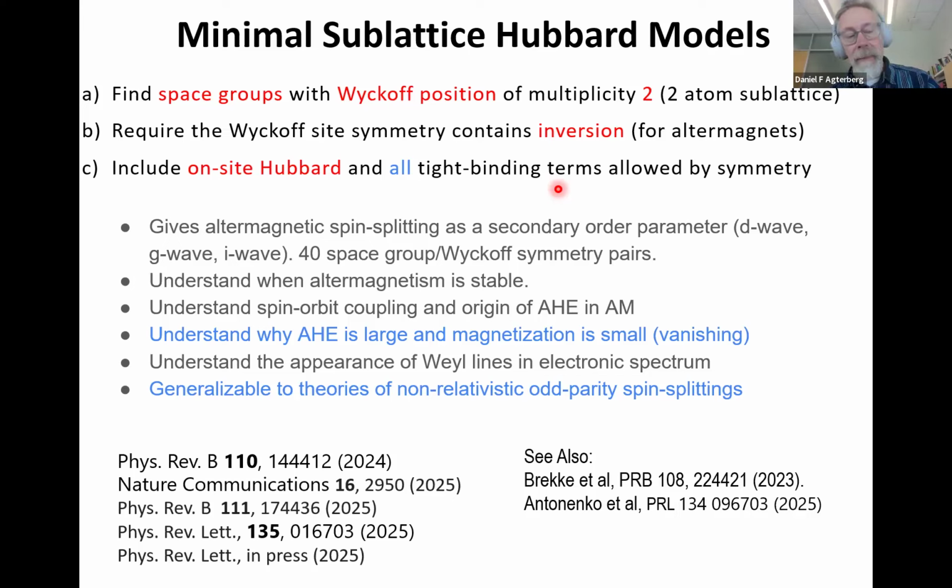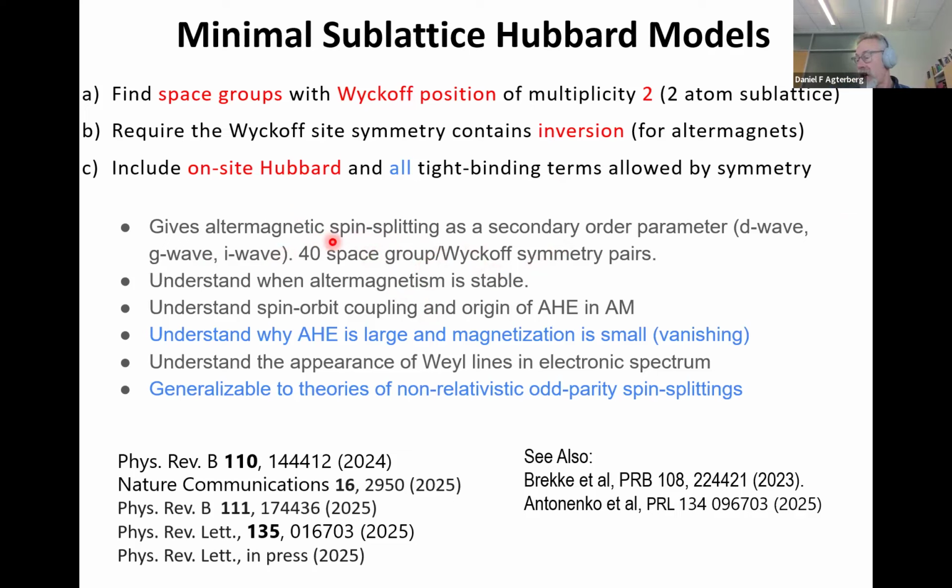I'm not going to really discuss that in much detail here, but the key thing to remember is that when we carry out this process, we can get 40 space group Wyckoff symmetry pairs. And amongst all these models, we have a variety of all possible point groups that we're interested in. And in addition, we can get D wave, G wave, and I wave altermagnets.